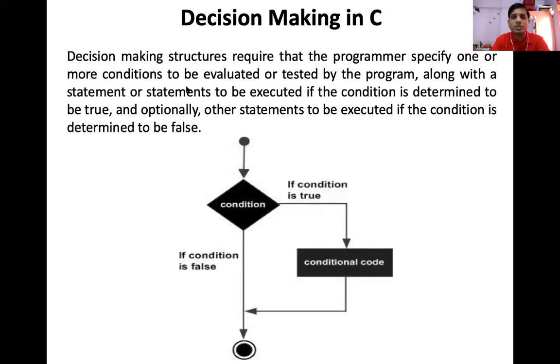So, got it? A decision making structure requires that the programmer specify one or more conditions to be evaluated or tested by the program. Depending on the conditions only, that particular statement gets executed. That is the only moral of the story here.